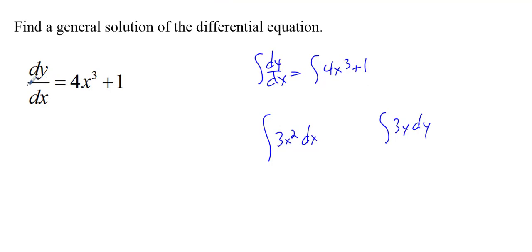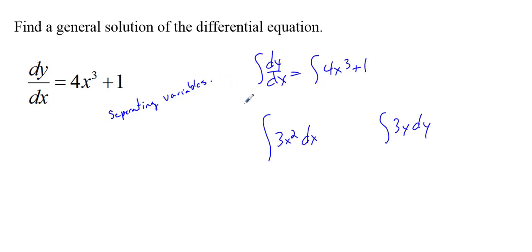Well, we're dividing by dx in a sense, right? How can we undo this division by dx and move this dx over here? Multiply by dx, right? I don't think we've ever done that, have we? Maybe I might have introduced it really quickly a long time ago. This is called separating variables. We need to separate our variables.